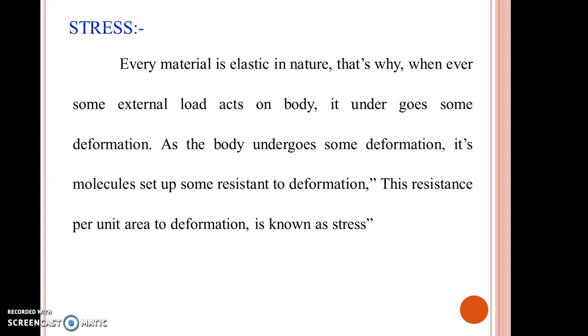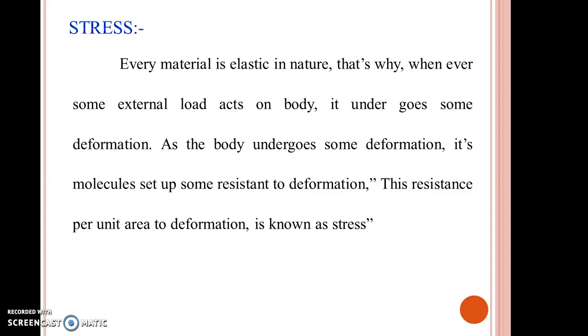if any object or body is in your hand or in front of you, and you try to create pressure on it, or apply a load on that body, then the body in front of you has a tendency to regain or oppose the force applied by you.